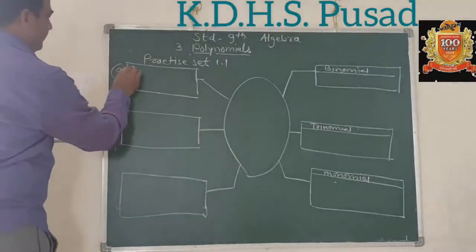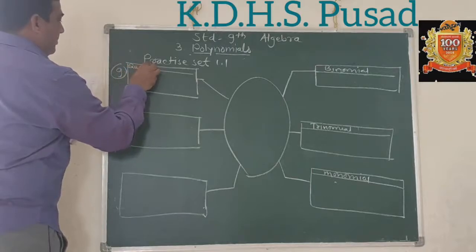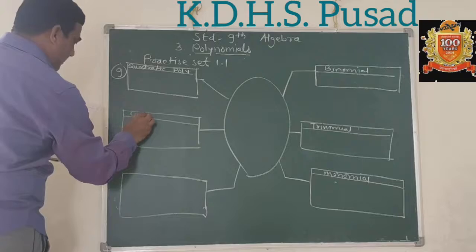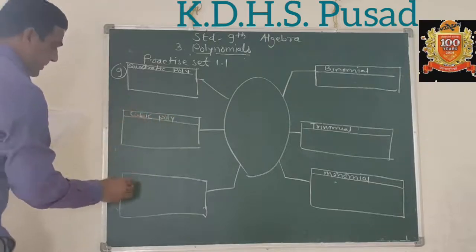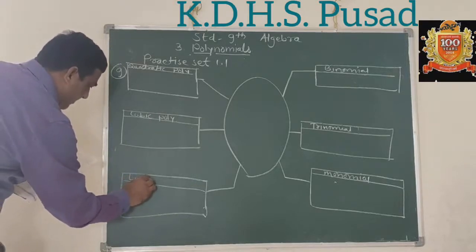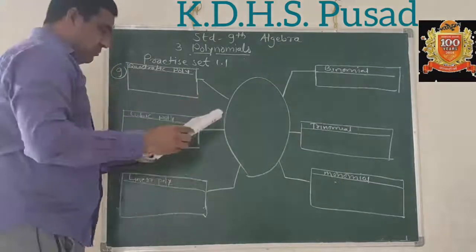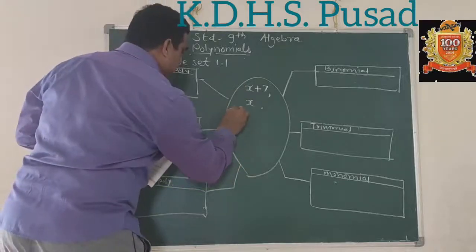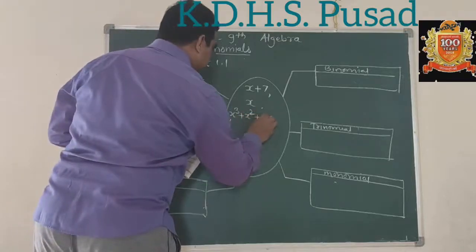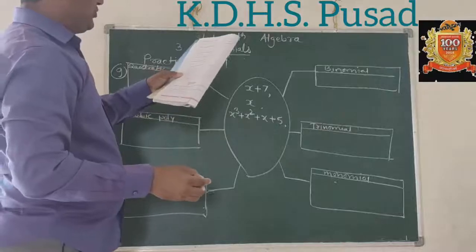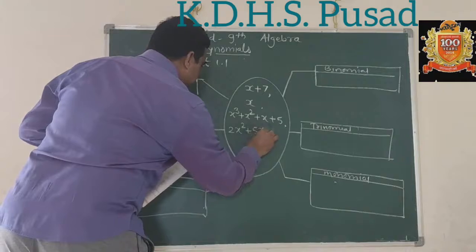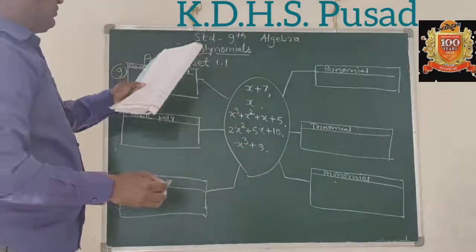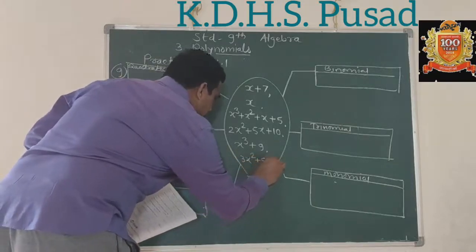Monomial. Quadratic polynomial. The polynomials are: 7; x cube plus x square plus x plus 5; 2x square plus 5x plus 10; x cube plus 9; 3x square plus 5x. Okay, that is the question.